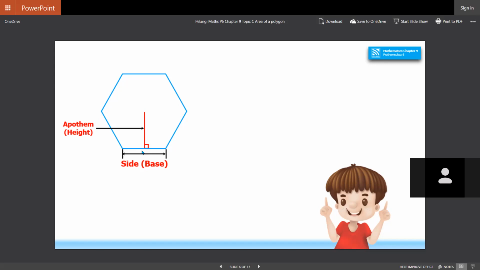If you can remember, the area of a triangle is base times height, right? That's the area of a triangle. So the height here, we do not call it height in polygons, we call it the apothem. Apothem, okay? That's the name.